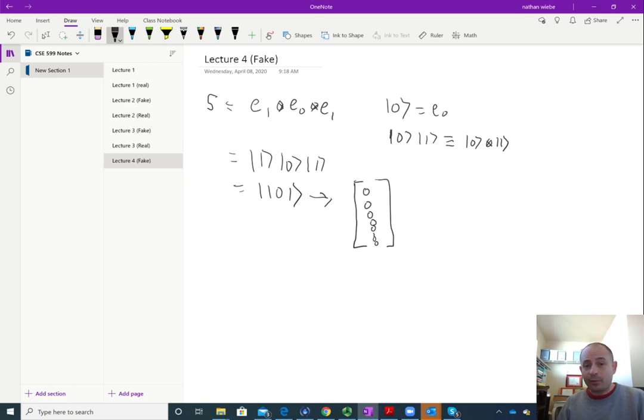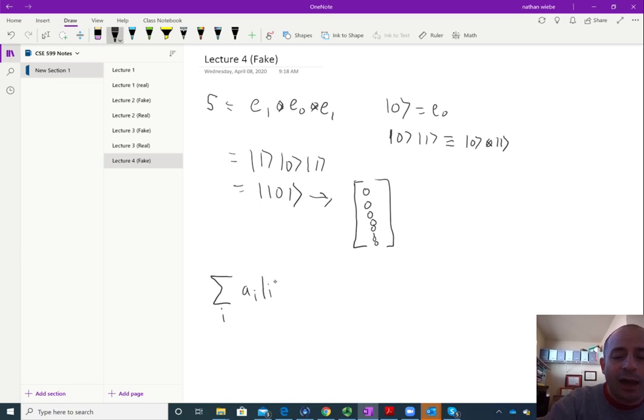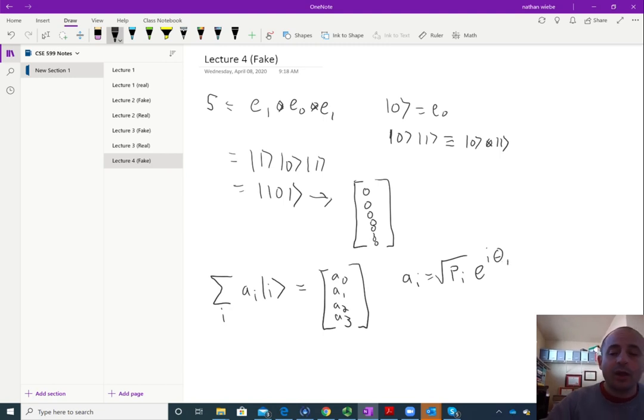But if we have a distribution over this, we could end up having a state. Let's say the most general 2-qubit state we could have would be the sum over i of A_i |i> in Dirac notation, which is equal to the vector A0, A1, A2, A3, where each of these A_i must be of the form square root of some probability and a phase up here, okay?